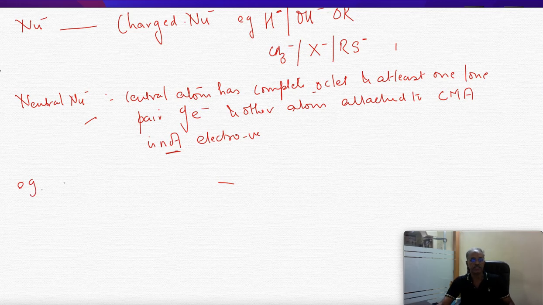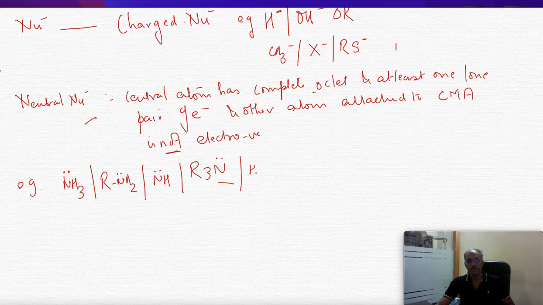Take for example ammonia. It has a lone pair of electrons. Then amine, RNH2 primary amine, normal amine. Then secondary amine, then tertiary amine. Right?